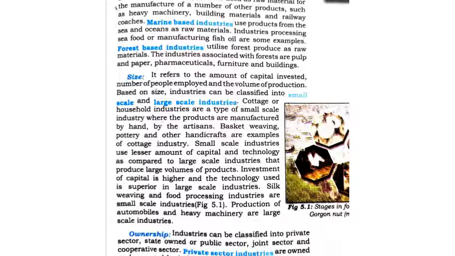Small scale industry, I'm repeating once again, the cottage industry, the household industry is known as a small scale industry. Here everything is used basically by hand, so no need to use heavy technology and a heavy amount of capital also.